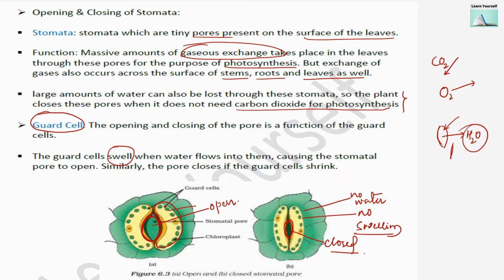But whenever they don't require any gaseous exchange, the water will rush out, no swelling, and the pores will close, and it will prevent water loss. Similarly, the pores close if the guard cells shrink. That means there will be no water. So that is how the guard cell prevents water loss from the leaves.